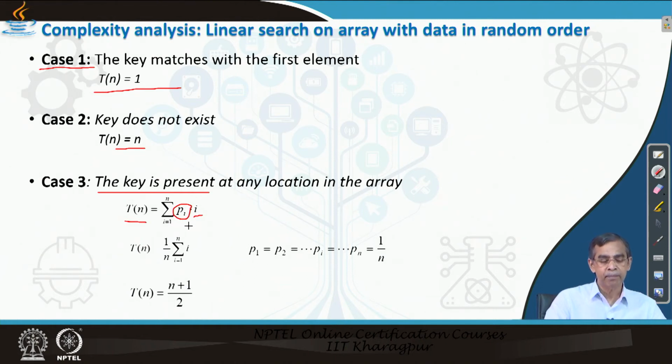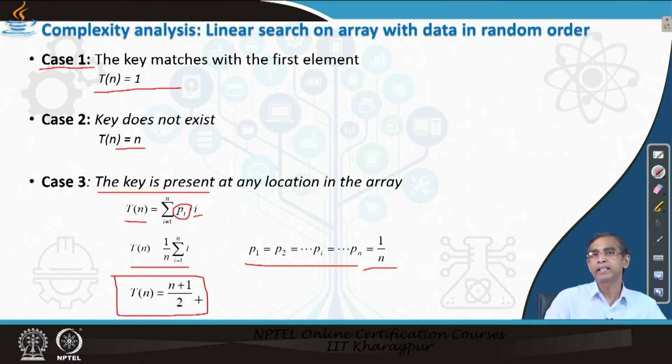Now we can take the summation for all i equals 1 to n, taking the average. It will give the average time required, assuming p1 to pn have equal probability, that is, the probability that the element will be located at any position is equal. Then all probability values are 1 by n, and this calculation simply gives n plus 1 by 2.